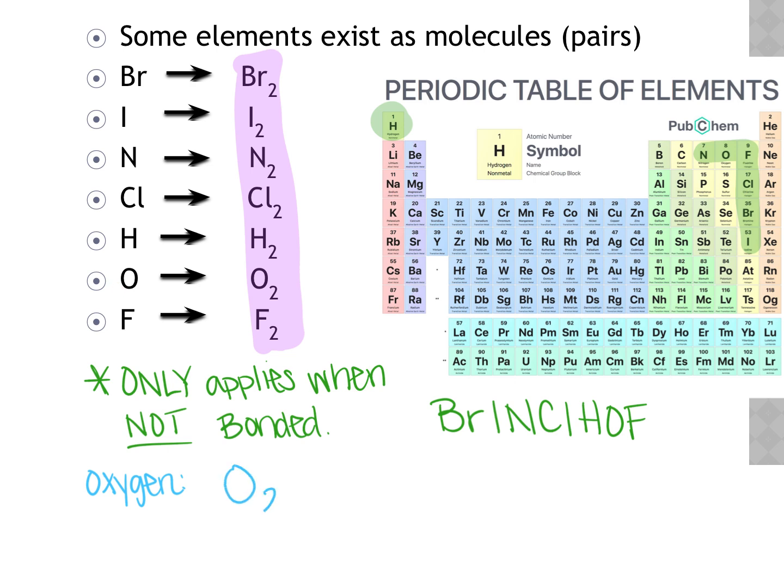It's always paired up. So when it's just oxygen by itself, it's O2. But this diatomic rule doesn't apply when it bonds to something. For example, what's the formula for water? H2O. Notice that now that oxygen is bonded to hydrogen, it no longer has to have that 2. So this rule is only when it's by itself, not bonded.